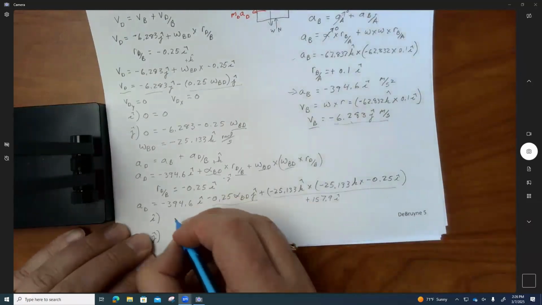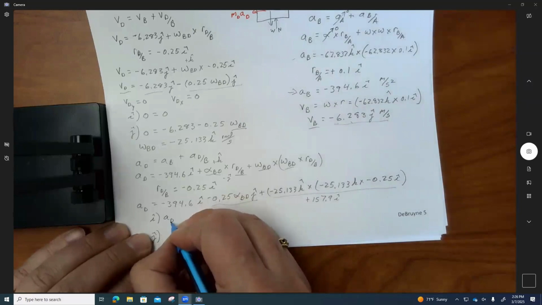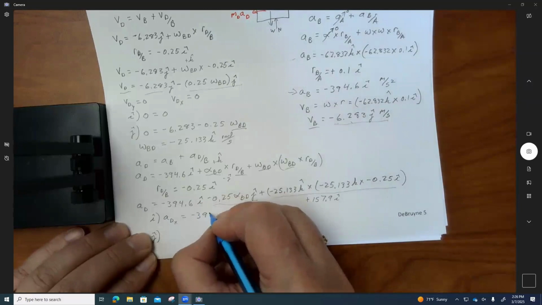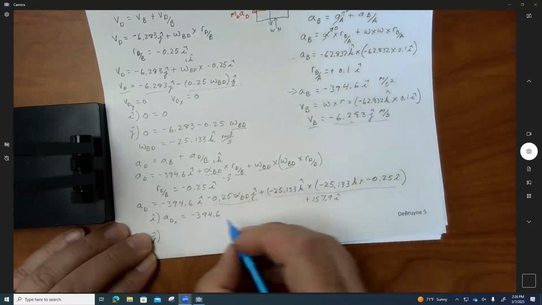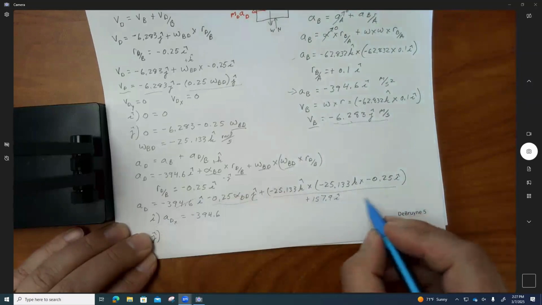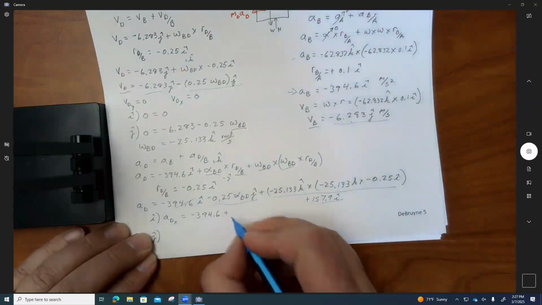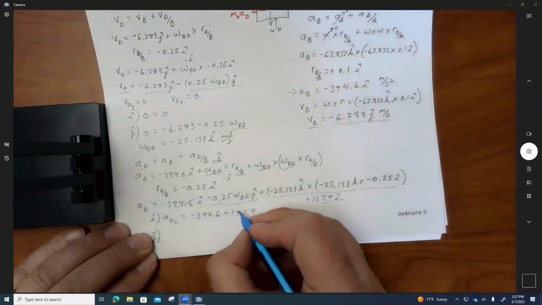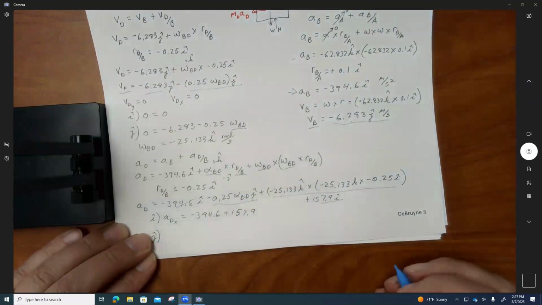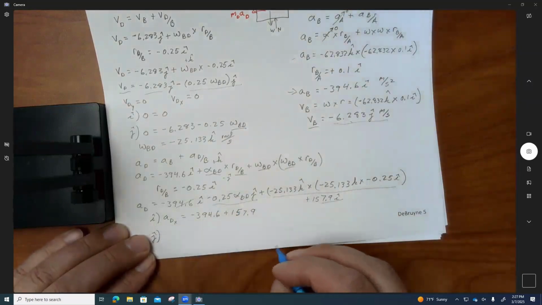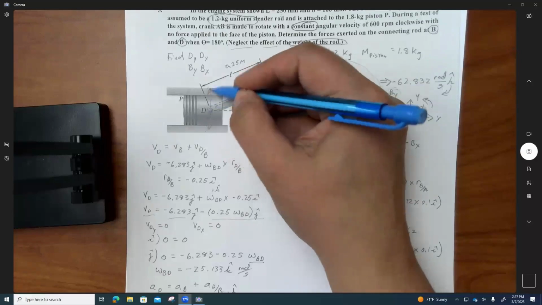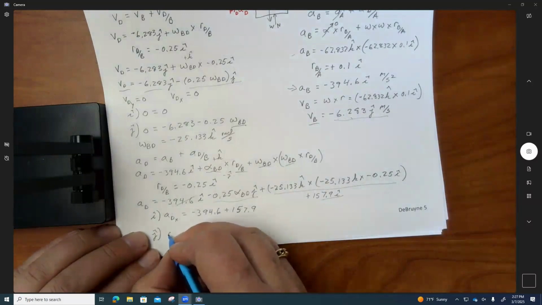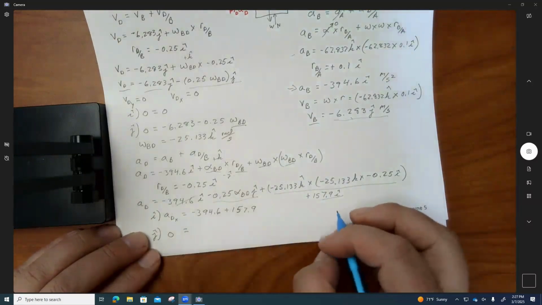and I collect them, my acceleration of D in the x direction is going to be equal to all the i terms, and so I use this one, and I need this one, plus 157.9 i. If I look at the j terms, once again, I can't accelerate in this confined space, so there is going to be no movement in the y direction.